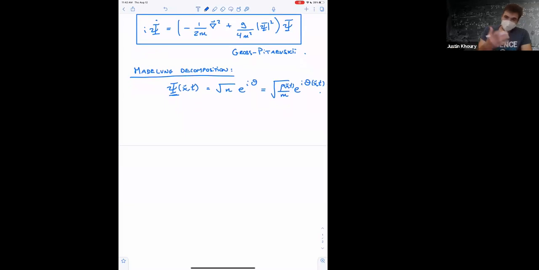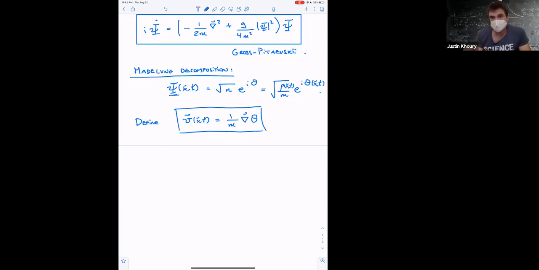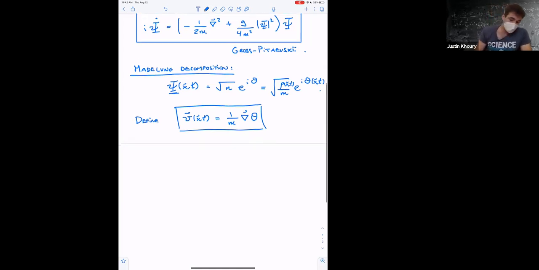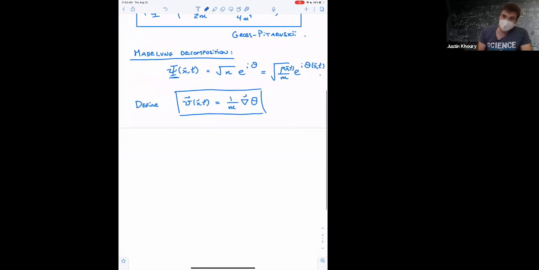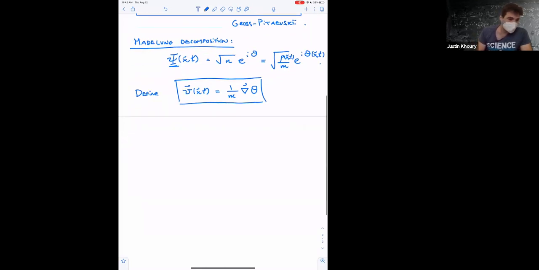And for this purpose, to cast the resulting equations in a familiar form, it's convenient to define a velocity field, v, as 1 over m times the gradient of that phase. In quantum mechanics, this v is closely related to the spatial current for conservation of probability. In any event, it's a very nice exercise for you to do in the privacy of your room.